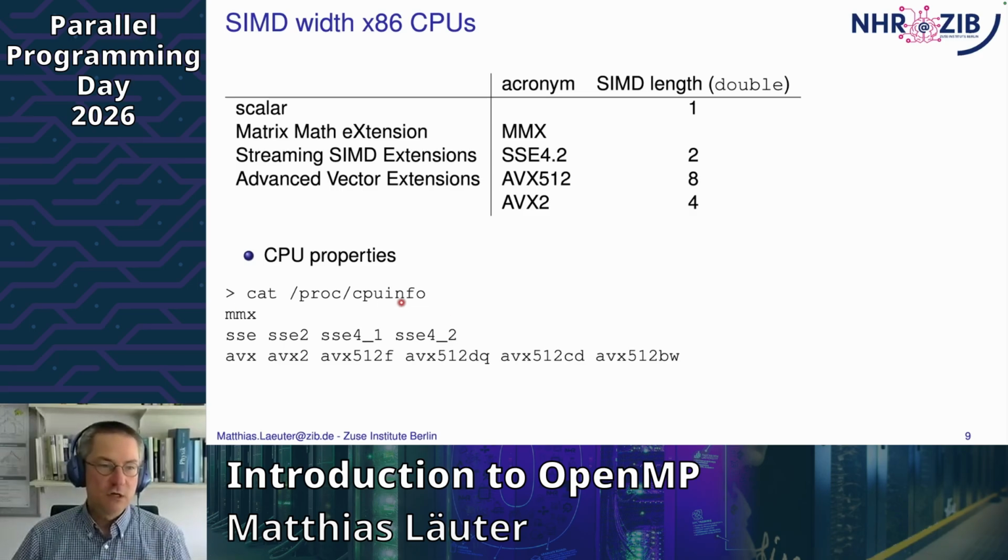If you ask for the content of cpuinfo, you see MMX, SSE, and some AVX names. This tells you that the cores you see have these properties. And in a second, I will show you that Otus, of course, supports MMX, SSE, and AVX. Great.